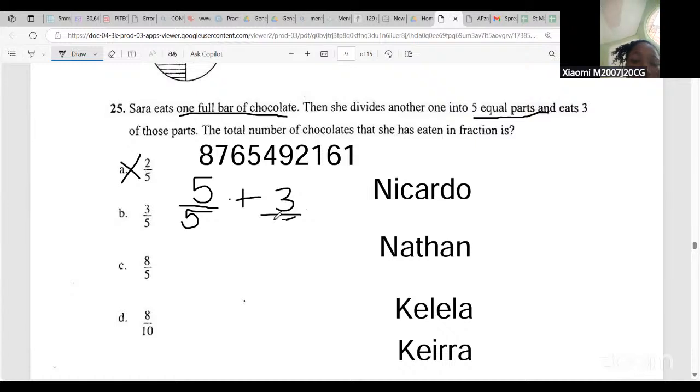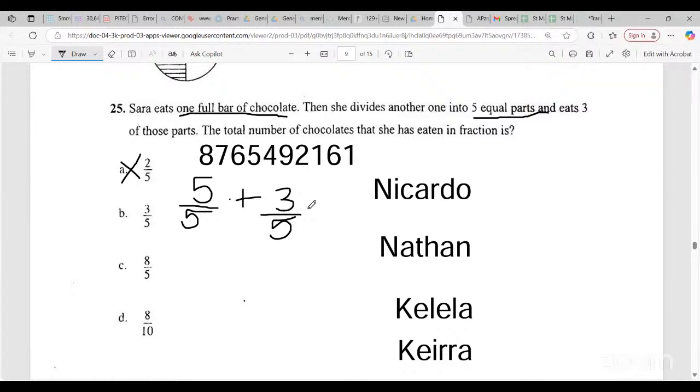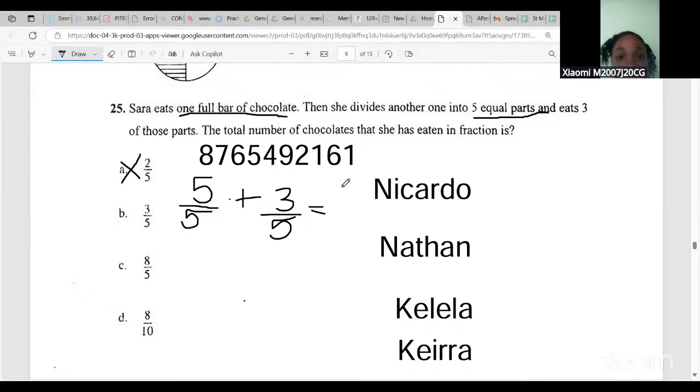Excuse me, sir. Yeah, go ahead. Sir, I got C because Sarah eats 1 full bar of chocolate and it can be represented as the fraction 1/1, or you can simplify it to 1. Then Sarah divides a second chocolate bar into 5 equal parts and she eats 3. It can be represented as 3/5.